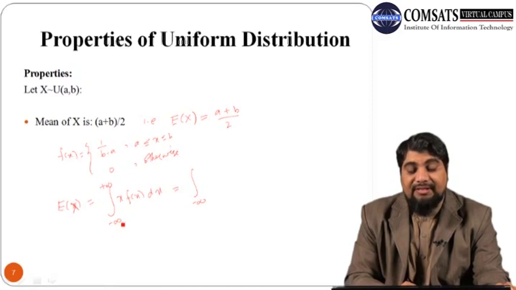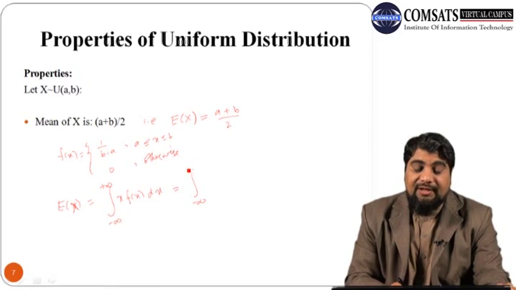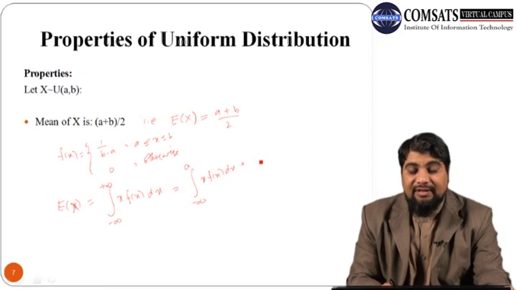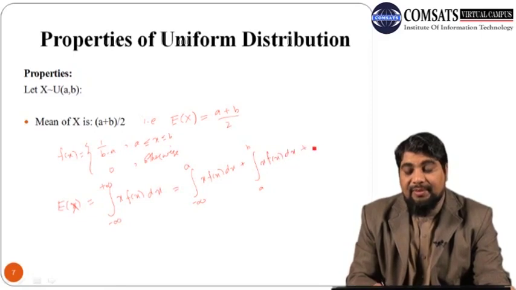So we can subdivide this range from minus infinity to plus infinity into different intervals: the integral from minus infinity to a of x f of x dx, then the integral from a to b of x f of x dx, and then plus the integral from b to plus infinity of x f of x dx.